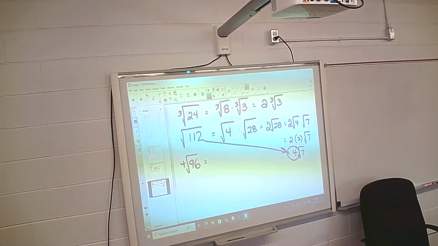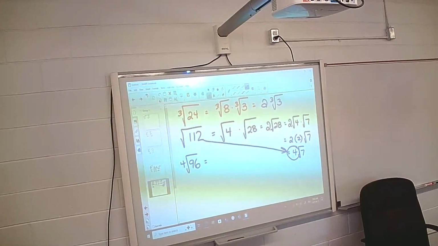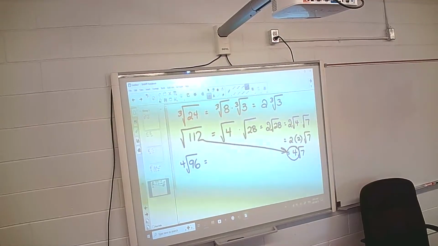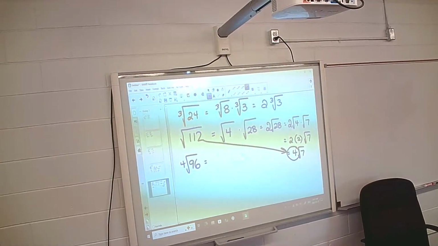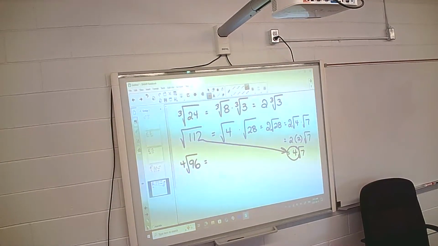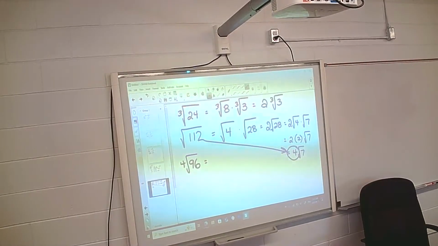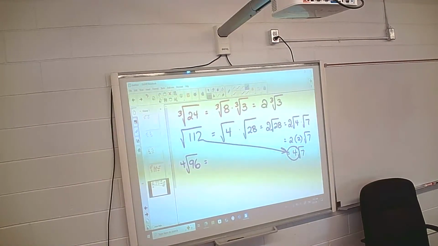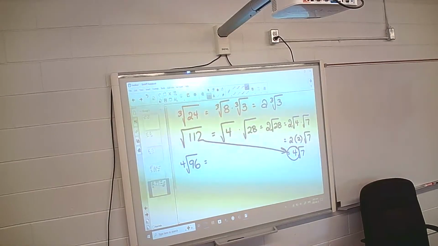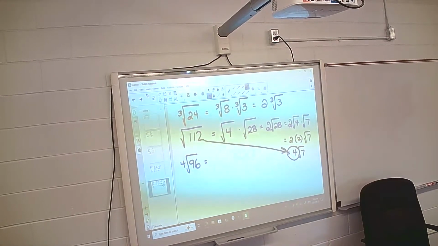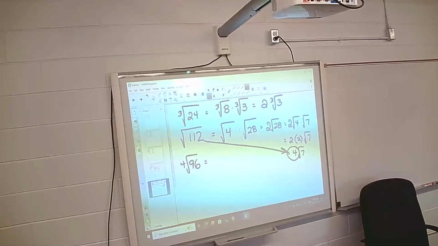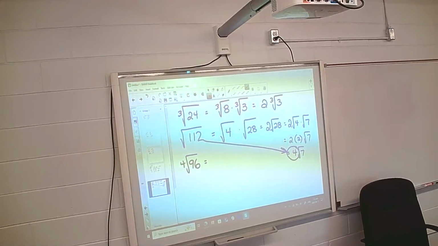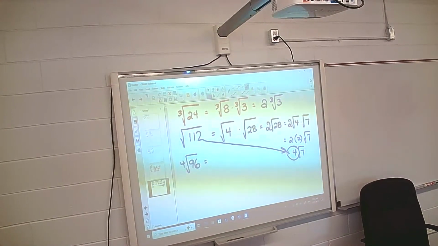So what's the only one that's going to work? 2 to the power of 4. What's 2 to the power of 4? 2 squared is 4, times 2 is 8, times 2 is 16. Does 16 divide into 96? Yeah. How many times? 6.